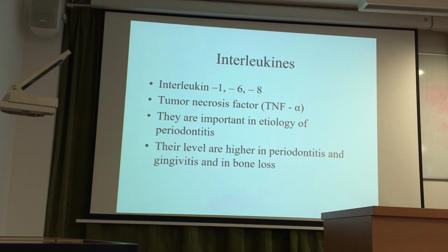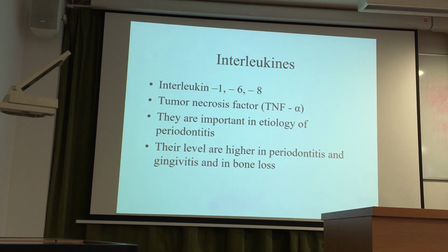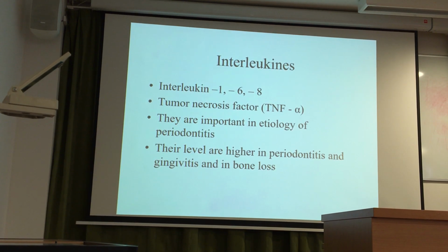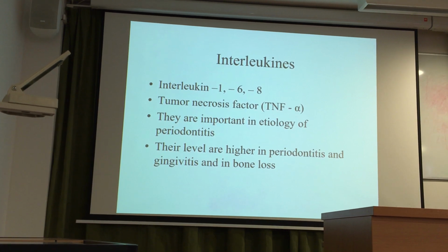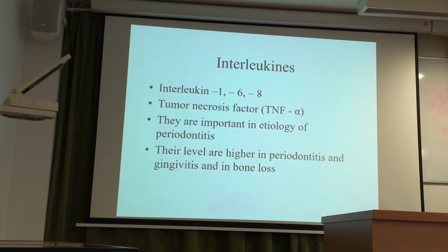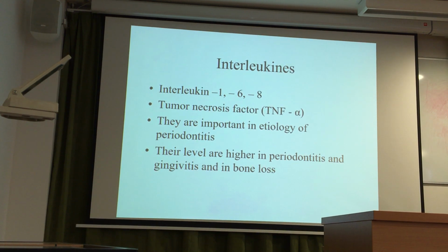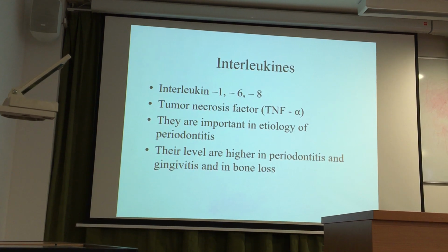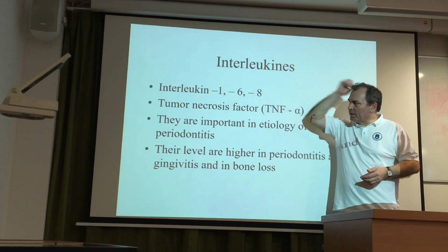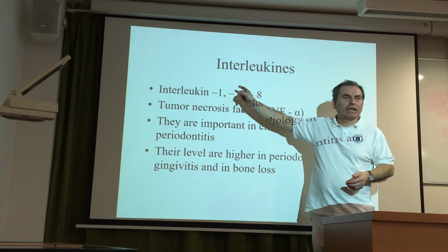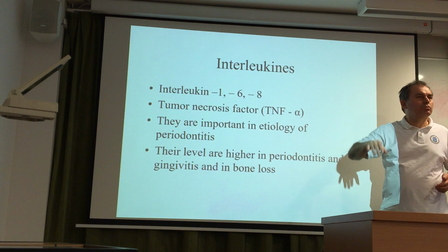So not the gingival inflammation with bleeding is important here, but the surrounding bone, which strengthens the whole tooth. When you have inflammation, the bone is dissolved. And bone resorption is accelerated when you have this interleukin content in the sulcus.